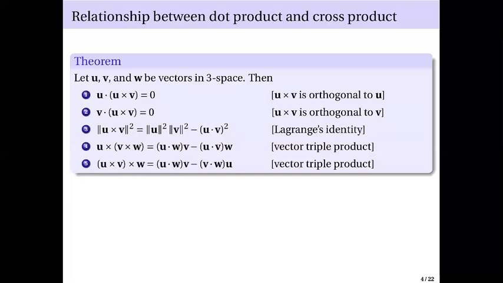These two identities, 4 and 5, are just for your information. We rarely see them in our examples, but it's good to know that we have these two vector triple product identities.